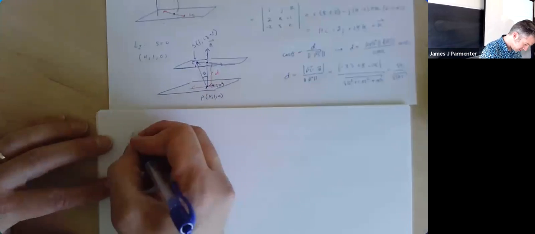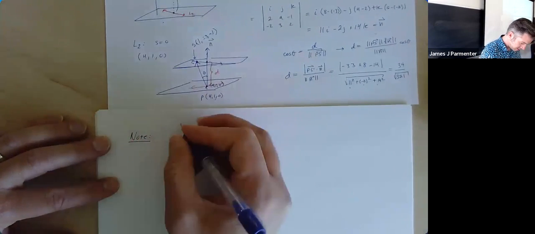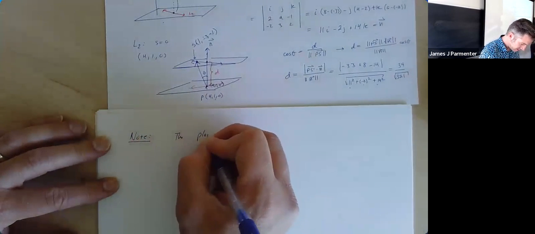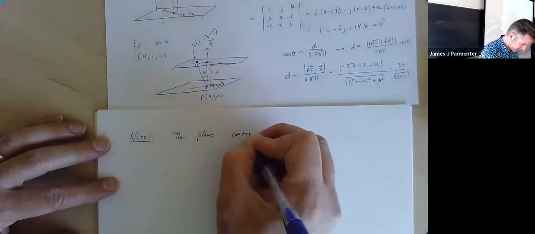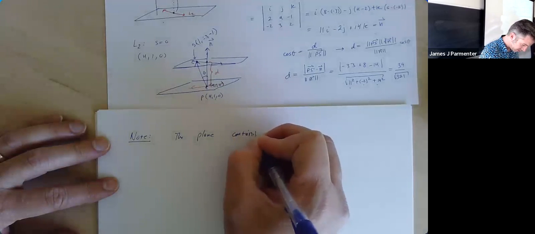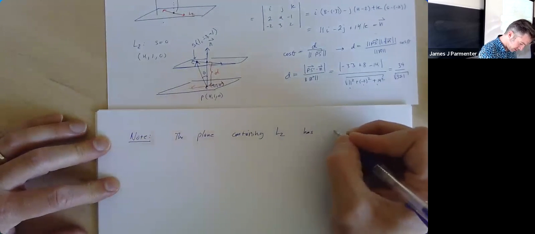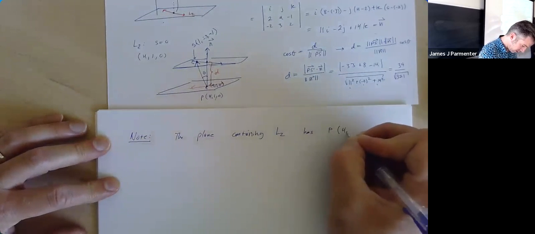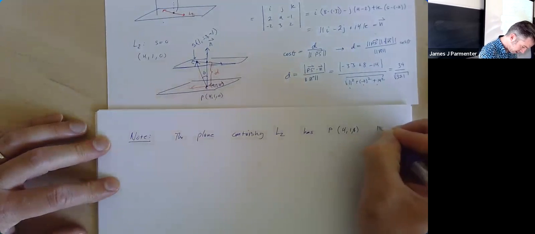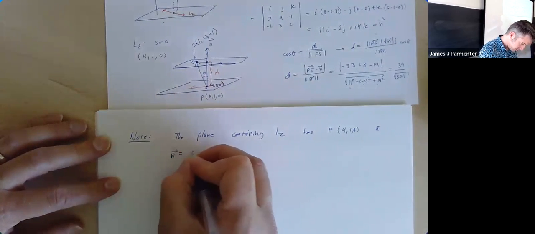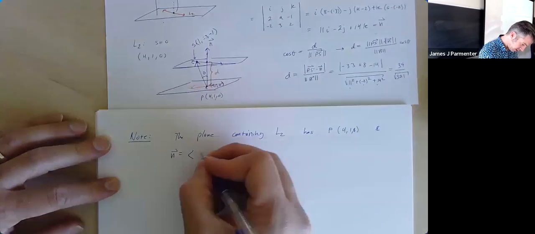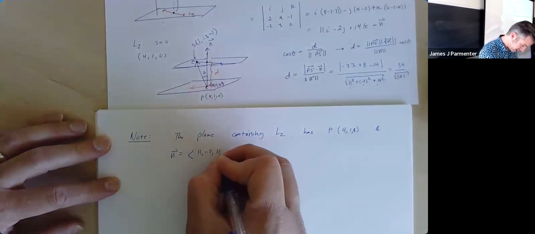So just as a quick aside here, the plane containing the line L2 has the point 4, 1, 0, and the normal vector 11, -2, 14.